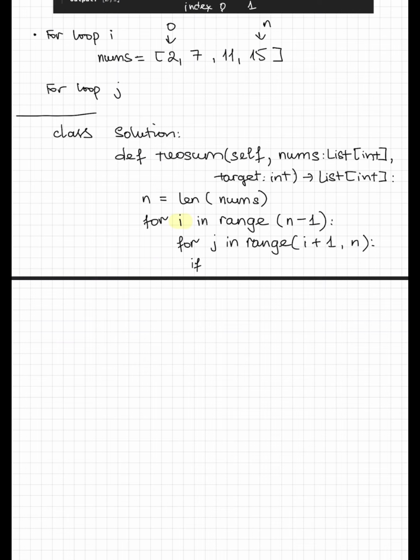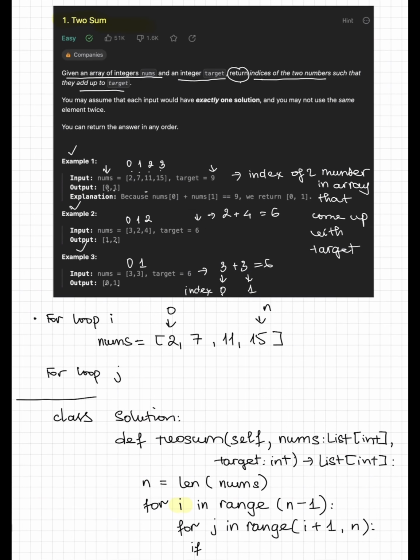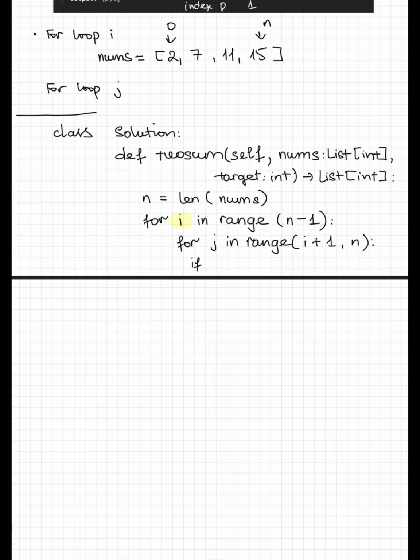So let's think about it for a few seconds. When will the loops be stopped? Here, we return the indices of two numbers such that they add up to the target. It's already stated in the question.